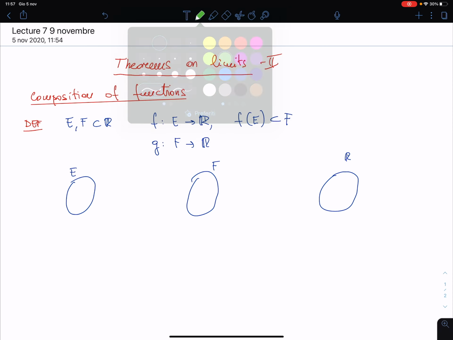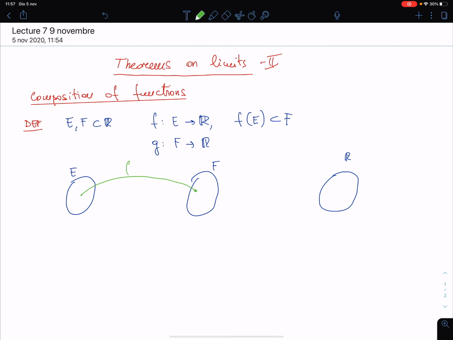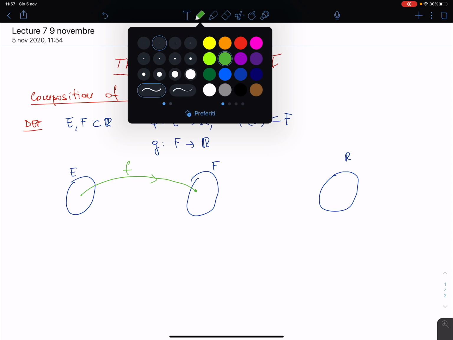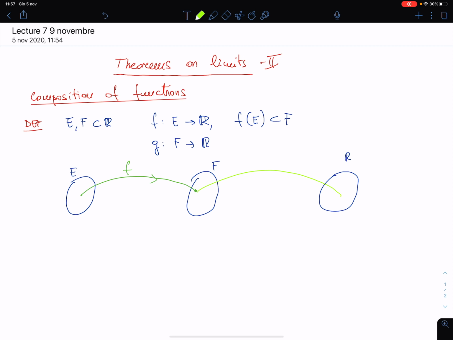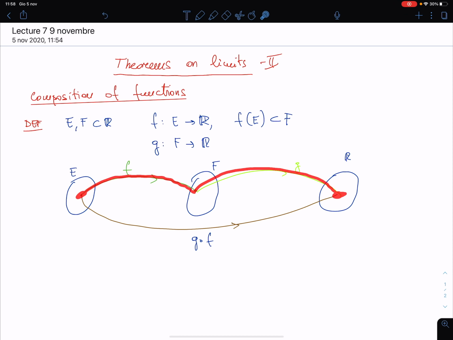So we have a function f moving from E to F, a function g moving from F to R, and so we can compose these two functions, obtaining a unique function, the composition of g and f, going directly from E to the reals, and the result of applying g composed f is exactly equal to the result of applying first f and then g.